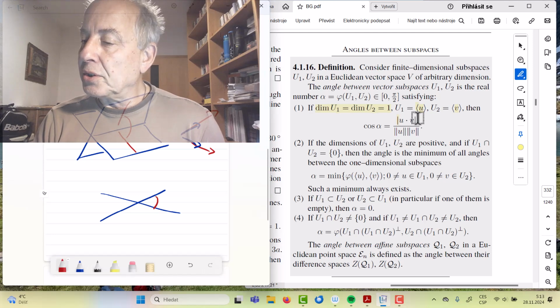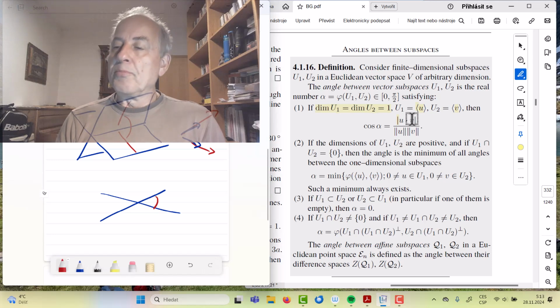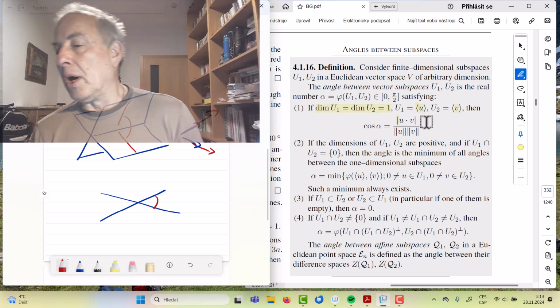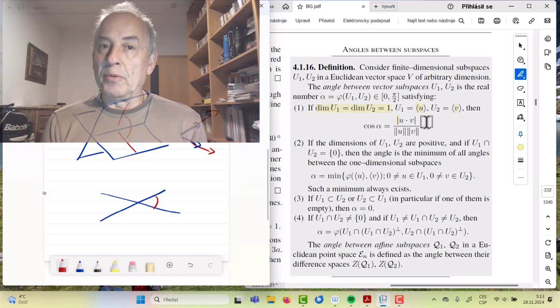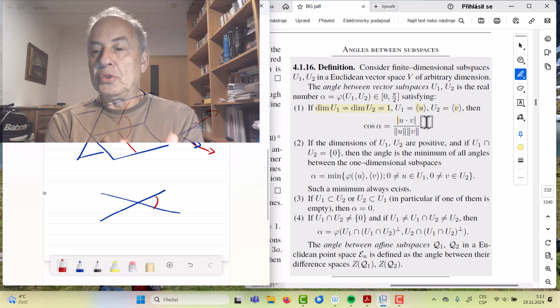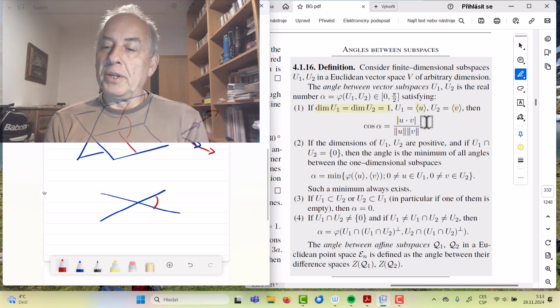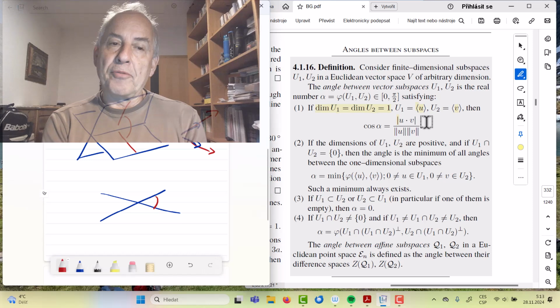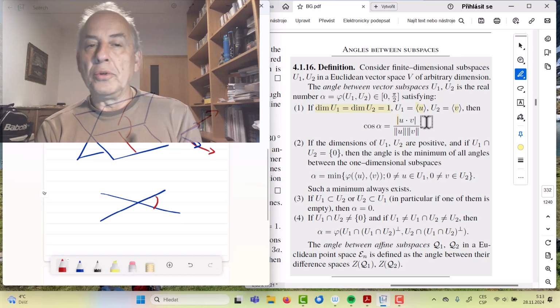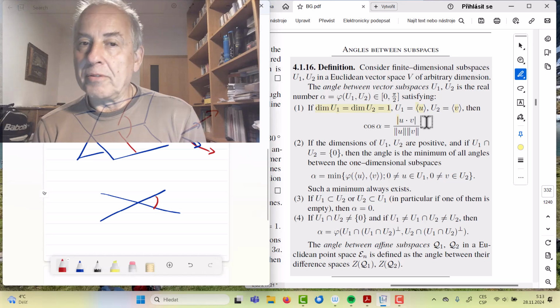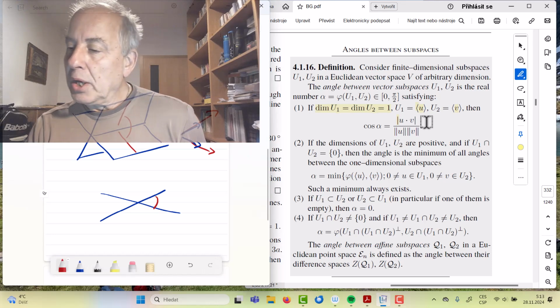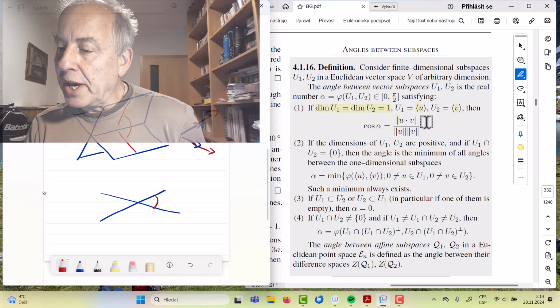And this is taken care of by putting the absolute value of the scalar product, because this makes the number always non-negative, right? And this corresponds to having the cosine in the area from 0 to pi half, right? So that's the one-dimensional case.